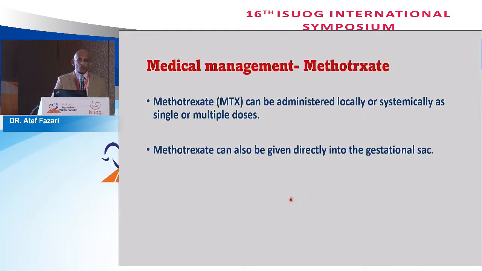We sedate and counsel the patient, and then most probably either give a systemic injection of methotrexate according to body surface area, 50 milligrams per meter square, or we can give methotrexate directly through a needle, ultrasound guided, to the heart. It depends on the size, and most probably this direct injection risks the patient for rupture of that scar. It will be transvaginal or transabdominal. Anyhow, it depends on the experience, the patient's choice, and the protocol of the hospital.